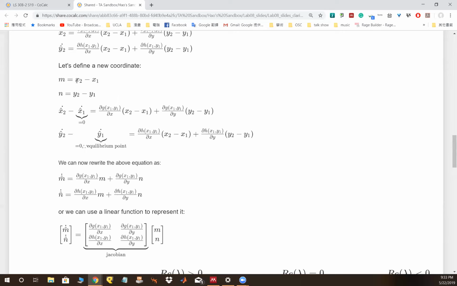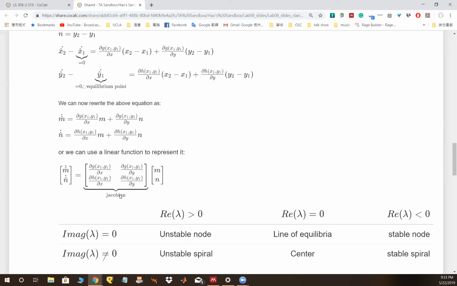Or you can say any x value nearby goes back to x1, any y value nearby goes back to y1. Any point nearby the x1, y1 point will go back to it, which makes it a stable equilibrium point. So this is why analyzing the Jacobian matrix eigenvalues could tell you whether this point is a stable equilibrium point or not.